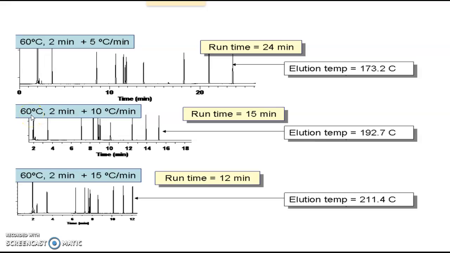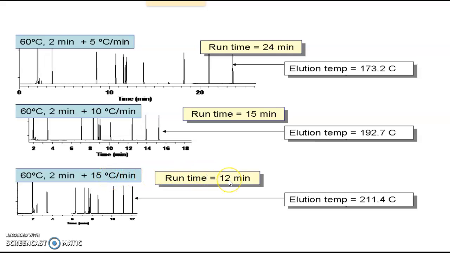When the same experiment is carried out with a 10 degree rise per minute, the run time is 15 minutes. The elution temperature is 192.7 degrees Celsius. Here the resolution is a little less compared to the first graph. Next, the same procedure is carried out with a rise of 15 degrees Celsius per minute.